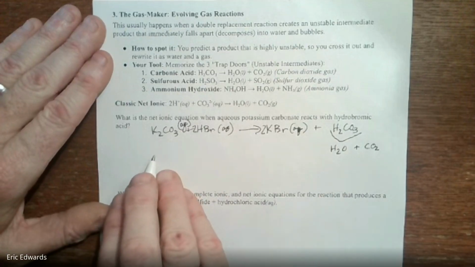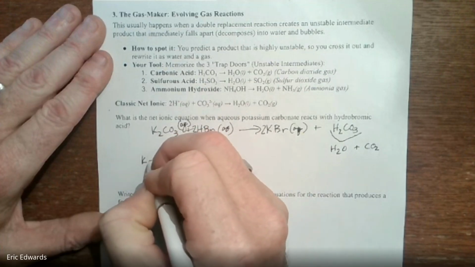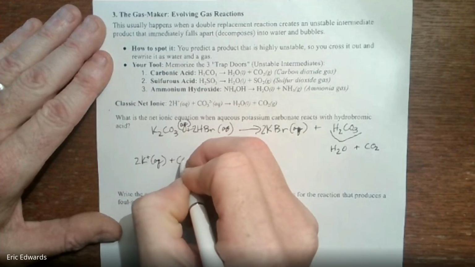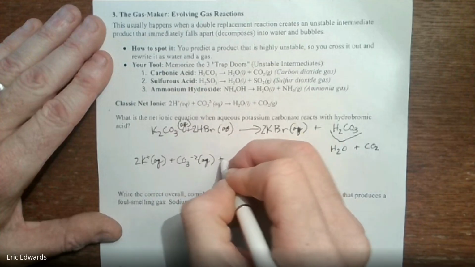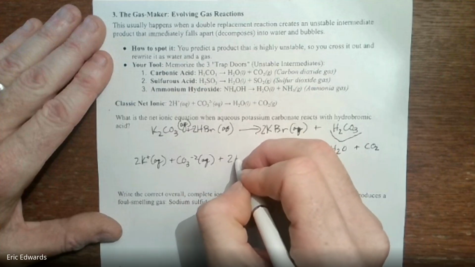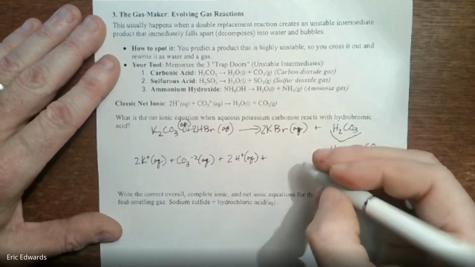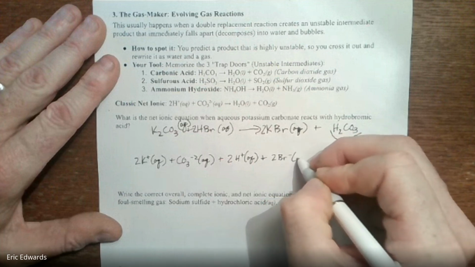Now, if I'm going to write the complete ionic reaction, I'm going to get 2K plus aqueous plus CO3 2 minus aqueous plus 2H plus aqueous plus 2Br minus aqueous.